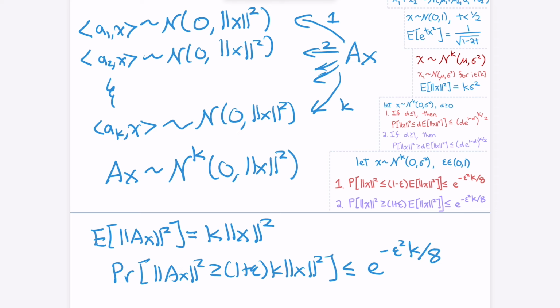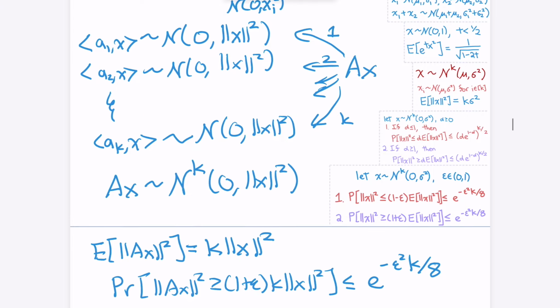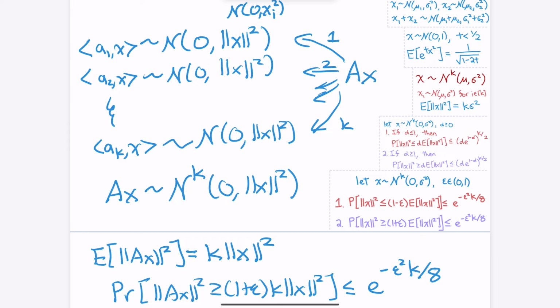Since Ax is a vector, like a multivariate normal distribution, should the second argument be like ||x||^2 times I, because it's a variance covariance matrix? Okay. So maybe another important thing to point out here.